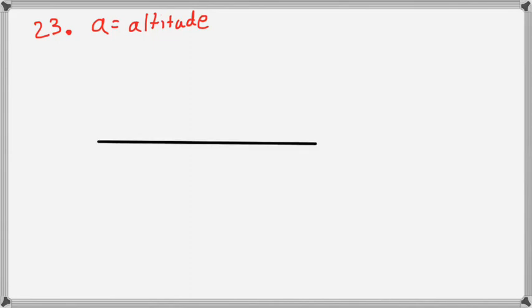So I'll just go ahead and draw the ground, and I'll put a little red dot on the ground. That's where I am. And I'm watching this airplane, and this airplane is going to be in two different places. So first I'll just draw my vectors. So my first angle of elevation is 45 degrees. So I'll just go ahead and draw a line at a 45-degree angle from where I'm standing.